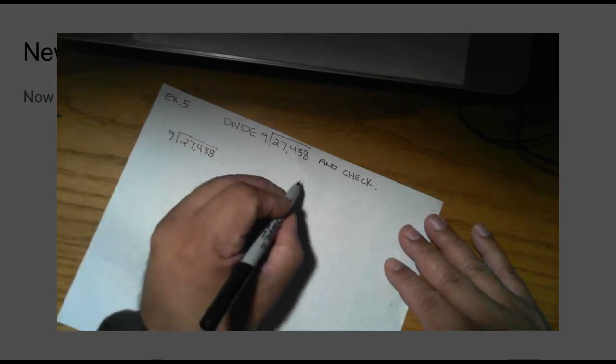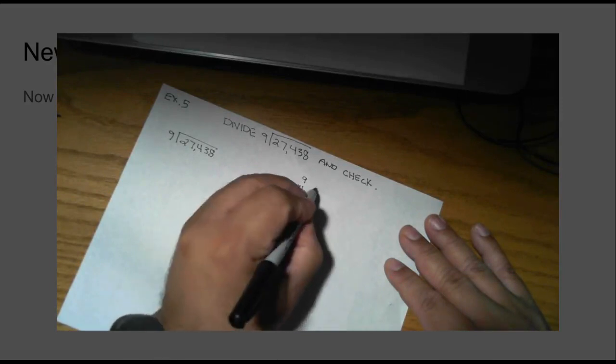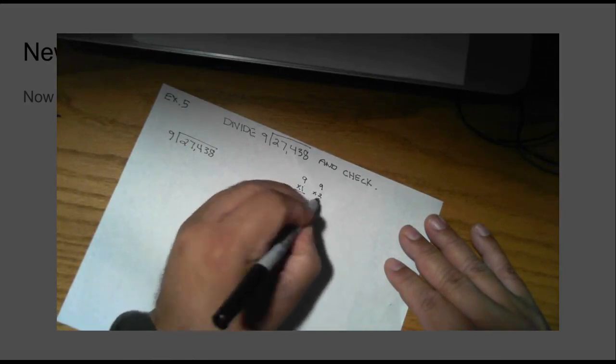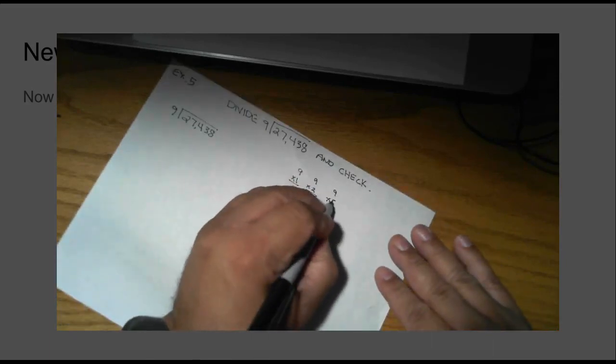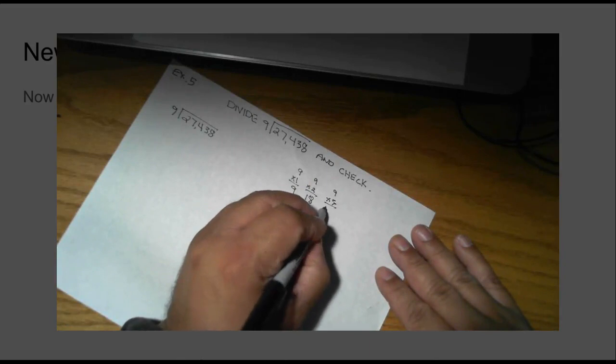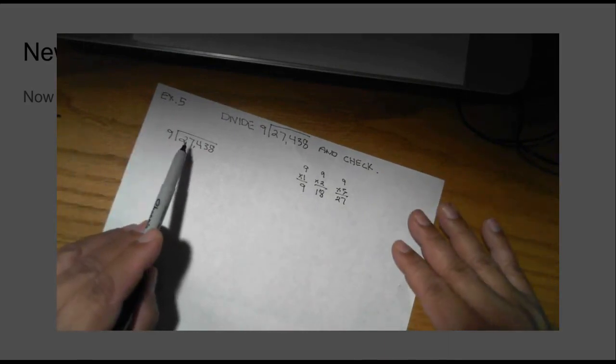So we have 9 times 1 equals 9. 9 times 2 equals 18. 9 times 3 equals 27. Hey, we've got the exact number. Remember, the goal is to go as high and get as close to this number as you can without going over.